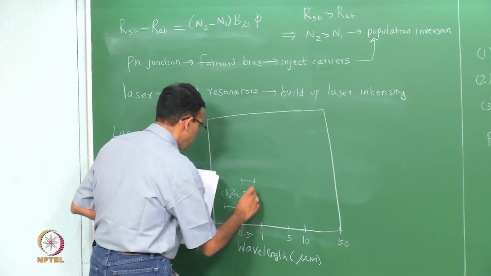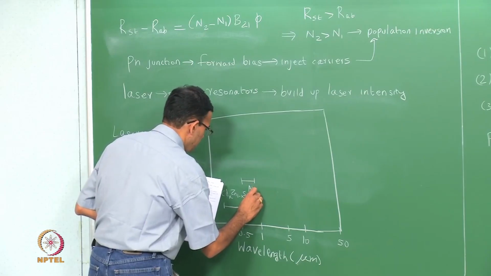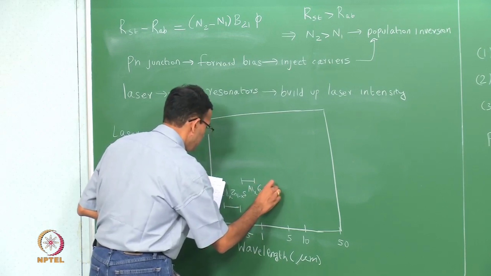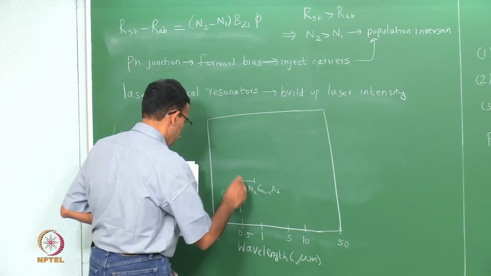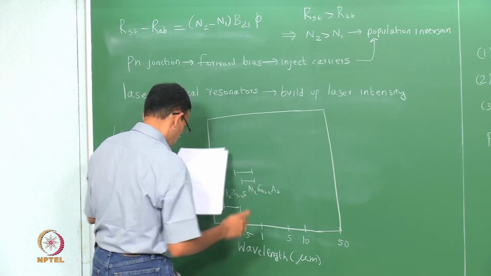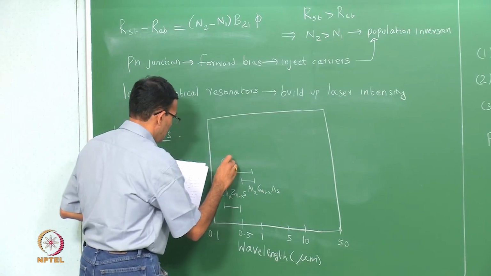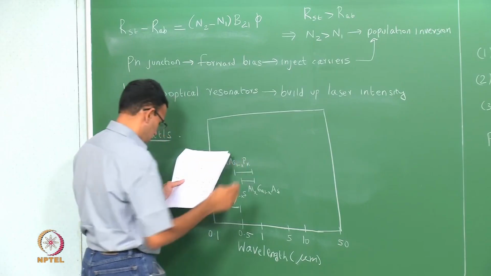So, you have aluminum gallium arsenide, can also have gallium, arsenic and phosphorus.